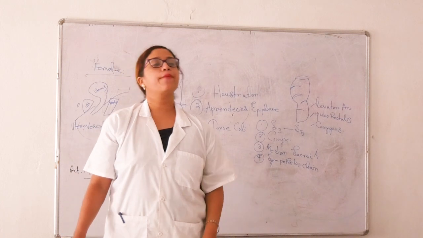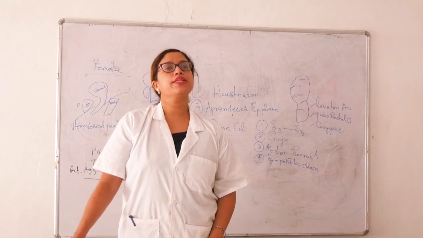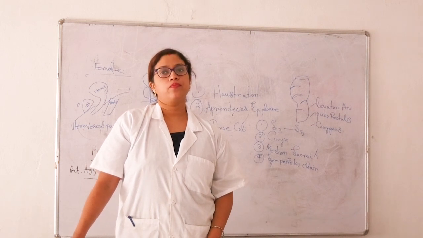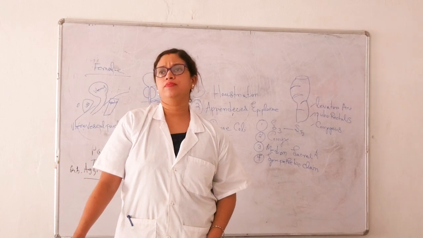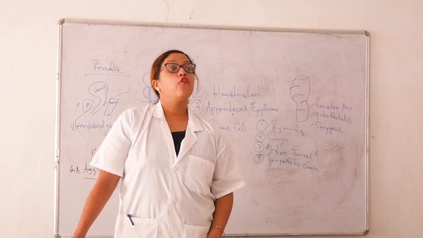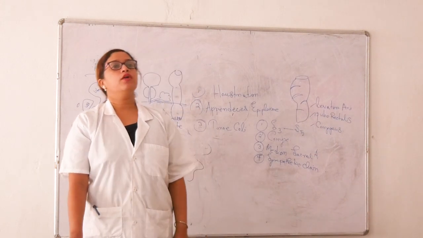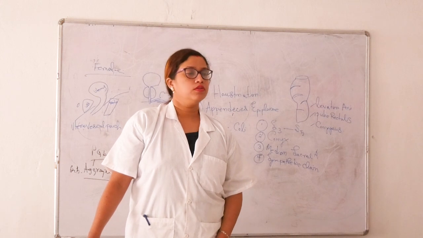So what is happening? What is the source of bleeding? Where does the bleeding of a hemorrhoid come from? Is it from a venous or arterial origin? It will be venous, always remember. The bleeding of a hemorrhoid has a venous source.